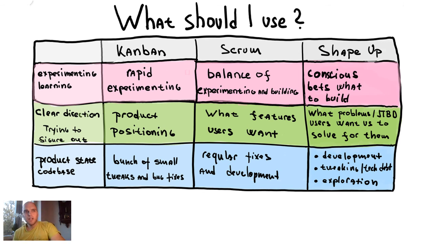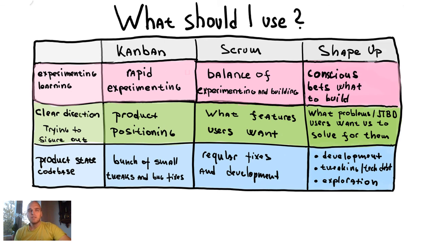If I continue in the comparison, I will also add Kanban to this comparison. Let's explore it from three different angles. The first angle is about whether, in a phase of your project, you need to spend lots of time or want to focus on experimenting and learning, for example, about your users or the technology.